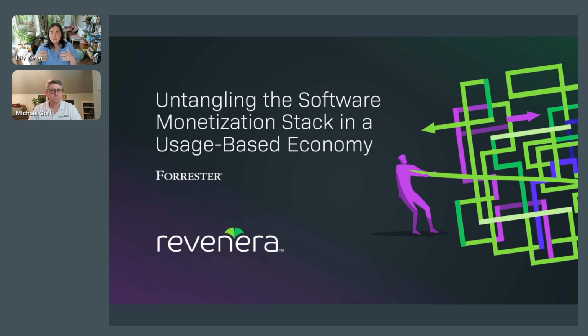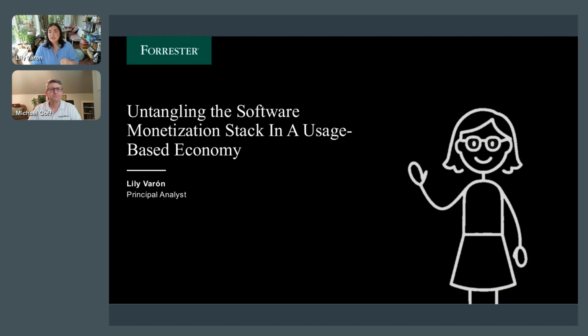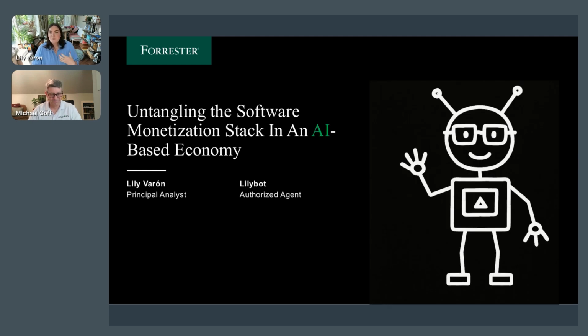And the other piece is, what does that do to our stack? What does it do to our technology? What are the pros and cons of going with one approach versus another? I think the illustrative point here is we're in a usage-based economy today. It's only going to accelerate as we become more AI-driven. And I'm just really proud of my little robot stick figure there. So let's take a moment to appreciate.